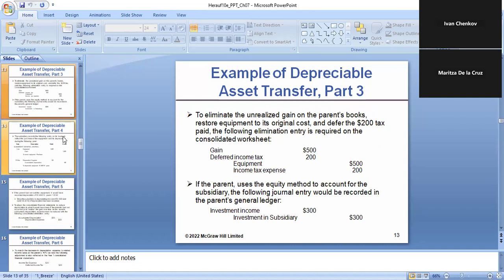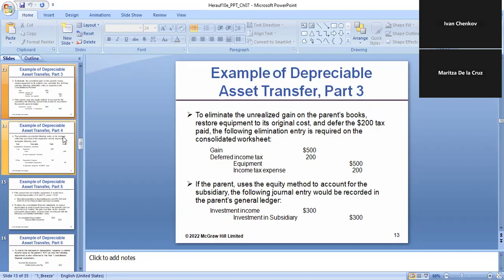Now, to eliminate the unrealized gain, what we have to do is debit the gain with 500. We're going to add the 200 to deferred income taxes. We're going to eliminate the equipment of 500. And income tax expense is going to be reduced by $200.